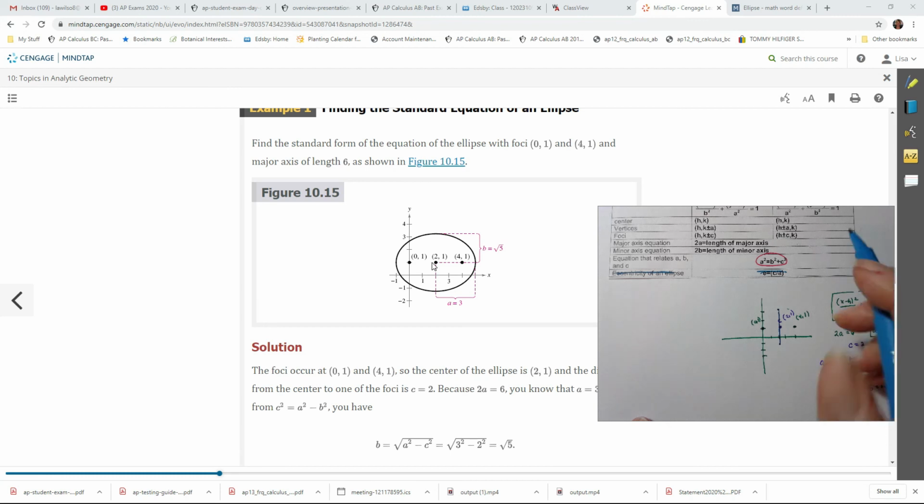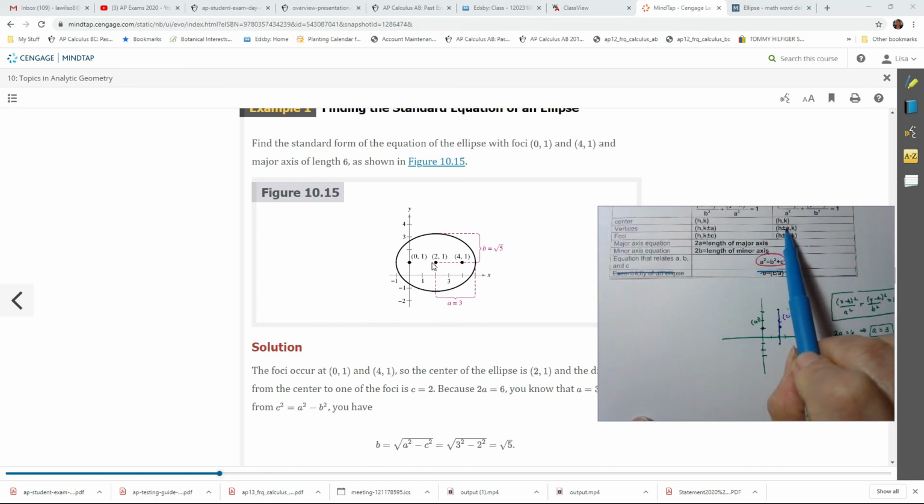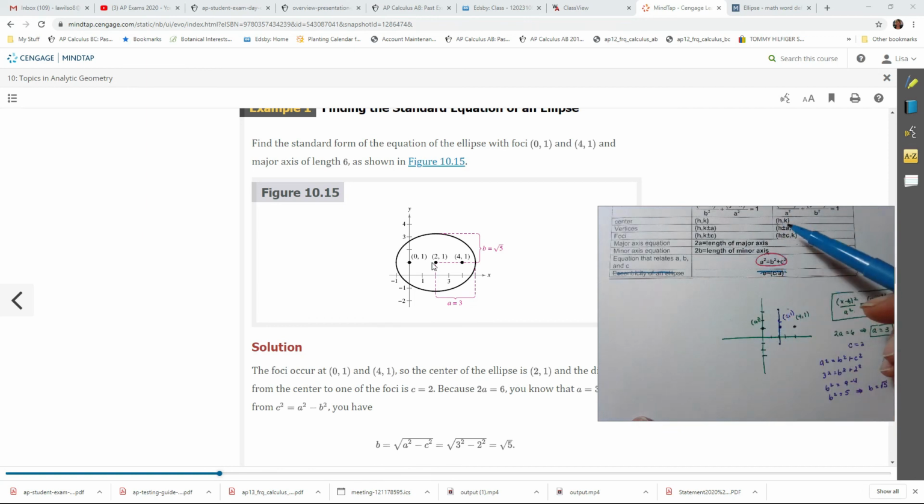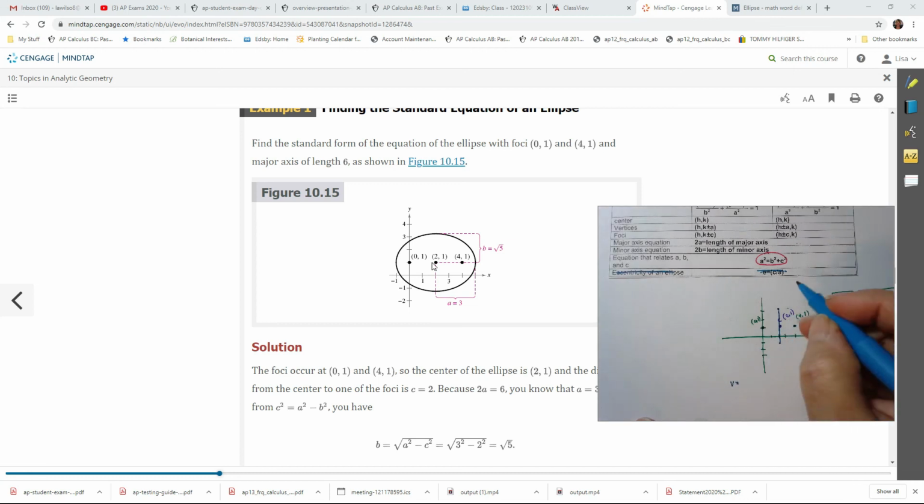Now, I haven't found the vertices yet. We're on a horizontal major axis, so it's going to be the x-coordinate of the center plus or minus a. This is (h, k), the center. So my vertices are (2 plus or minus a, k). a was 3, and k is just the y-coordinate of my center, which is 1.